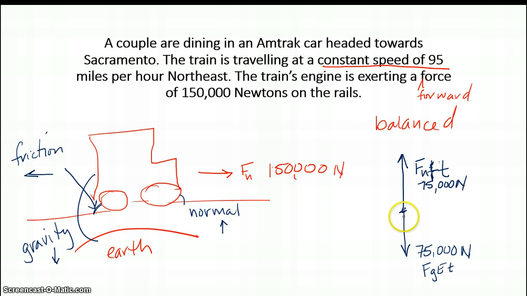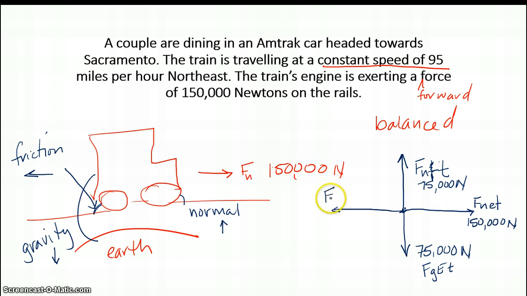I also was told I have a normal force pushing the train forward of 150,000 newtons. This is my normal force between the engine and the train. Okay, it's pushing that forward. And because I know it's a balanced force diagram, this does not look balanced. I need to create a vector that's of equal length to this one.